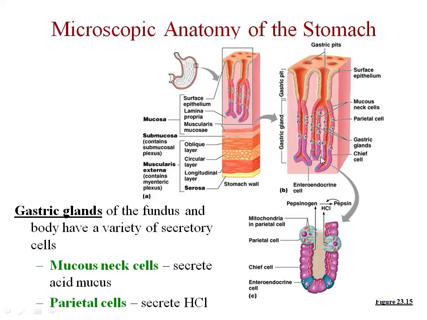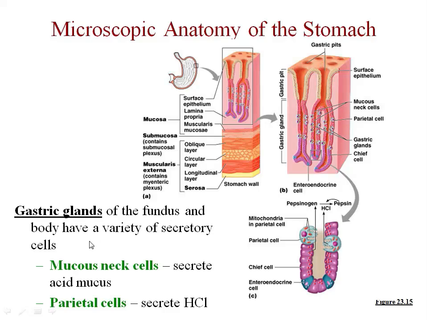So first, at the base portion there are chief cells. Then at the middle portions there are parietal cells, enteroendocrine cells and the mucous cells. So the secretion of all these cells together is poured outside through these gastric pits. Okay, together they are called the gastric glands.